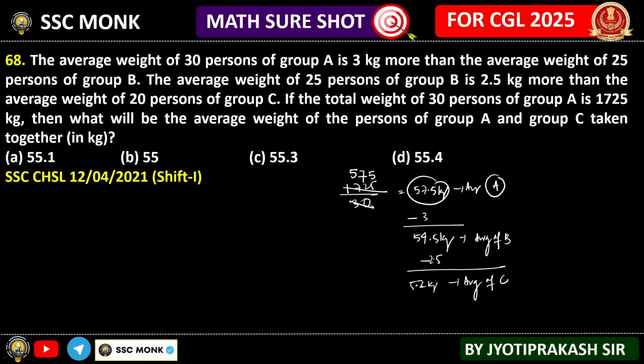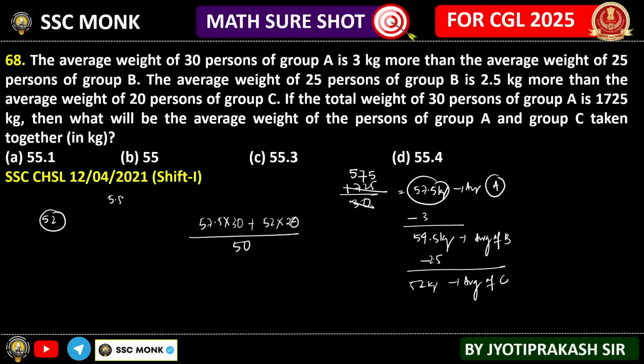So 57.5 of 30 guys plus 52 kilo of 20 guys divided by total 50. You can solve it. Or what we can do, sir, 52 is for all, because for 30 and 20, 52 is already there. How much is more for 30 people?